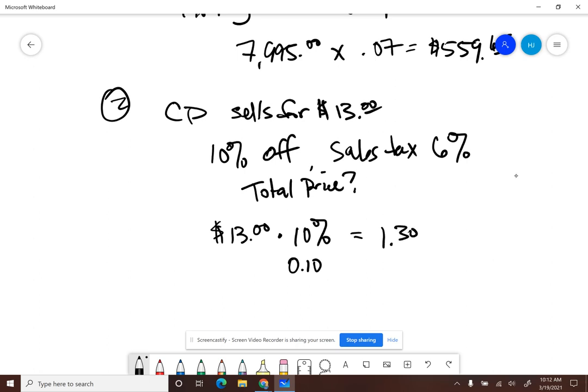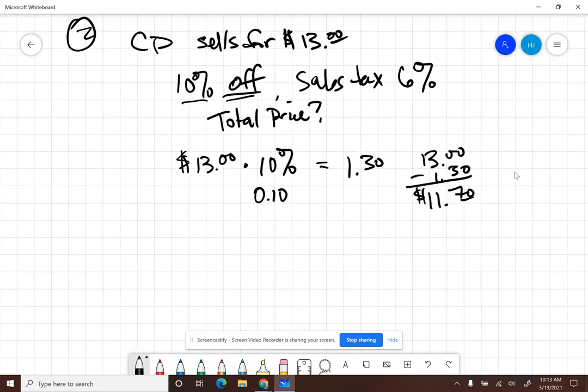Now, what do I have to do with that $1.30? Remember, it's 10% off. So the word off is sort of like taking a discount, right? So now I need to take that $13 and subtract $1.30 because that's how much I'm going to get off of my CD. All right. That is going to give me $11.70.